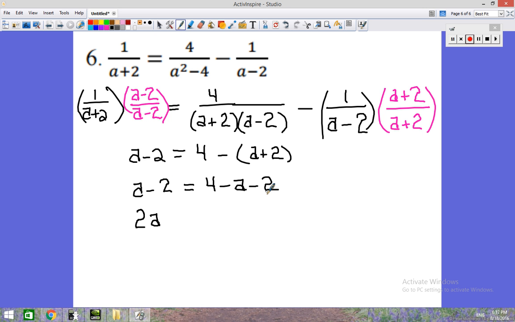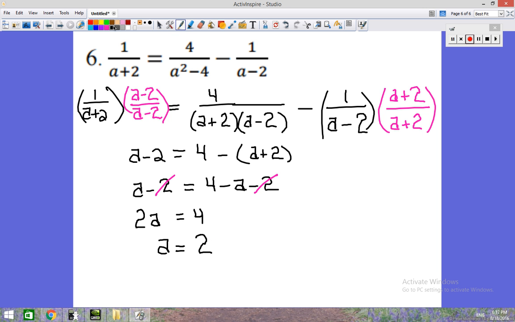Let's add 2 to each side. Actually, let's recognize that if you have the same number on this side of the equation and the same number on that side of the equation, they just cancel each other out. So I get a possible solution of 2.